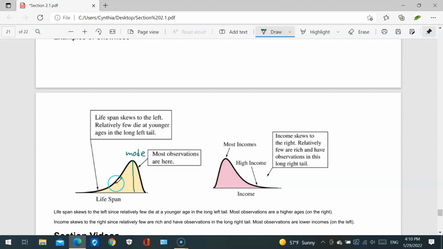Because of the skew left, the average got pushed to the left, so the mean turned to the most left-hand side. Between mode and mean, this would be the median, the middle point, when you have a skew left histogram or skew left data.